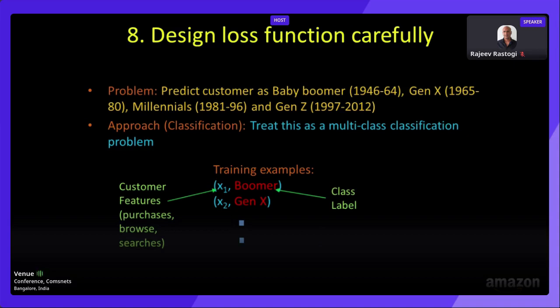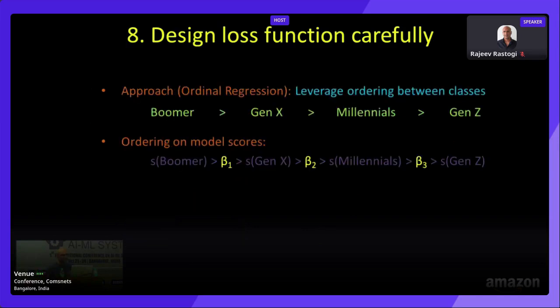Now, a simple approach is to treat this as a multi-class classification problem. Input are all these customer features such as the purchase history, the browse patterns, searches, queries that customers have done, and your output class label is a boomer or a Gen X and so on, right? But a key observation here is that there is, again, an ordering between classes.